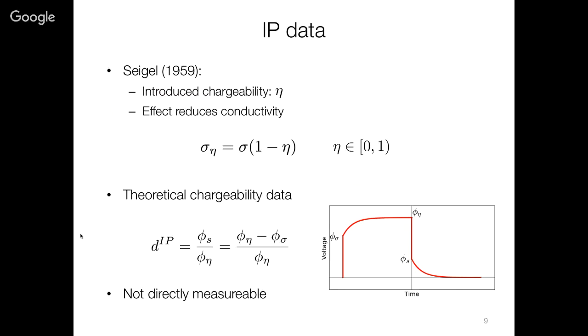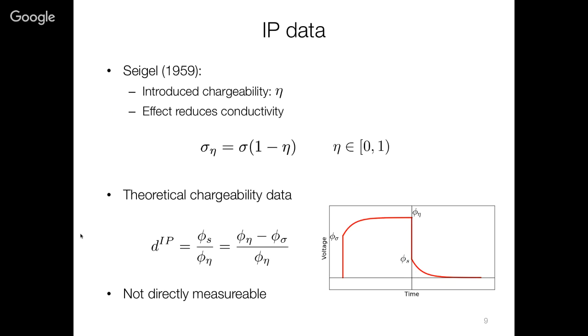The IP data, the net effect of the chargeability, and the term chargeability, I think it was first introduced by Siegel, at least for the intrinsic chargeability being a parameter between 0 and 1.